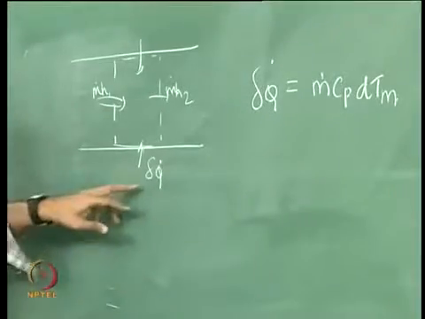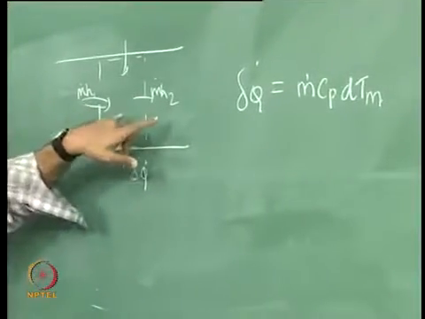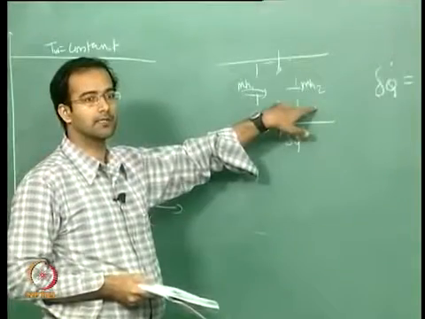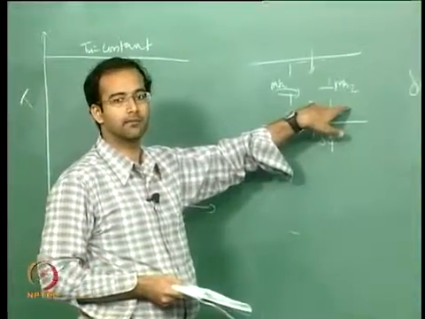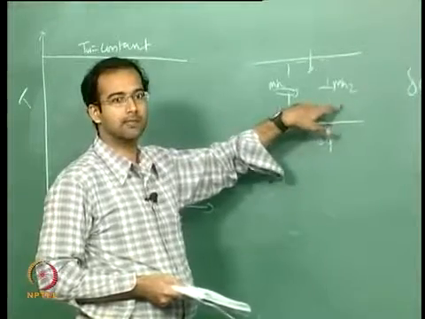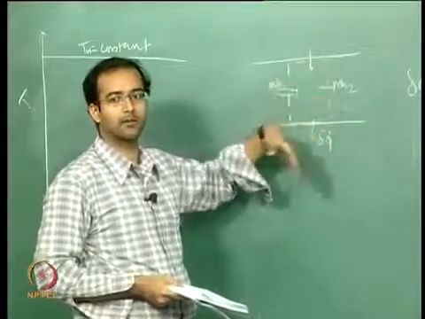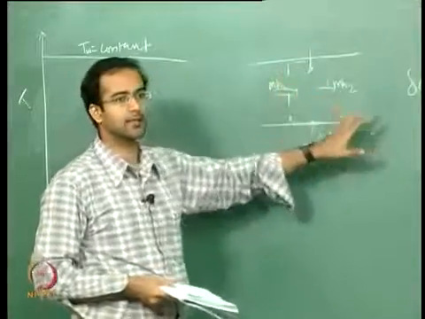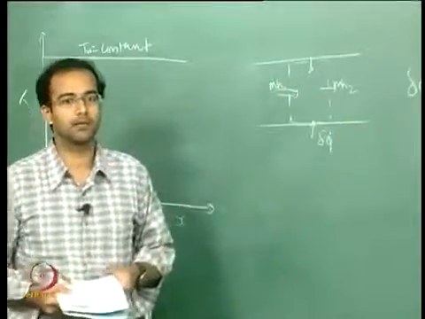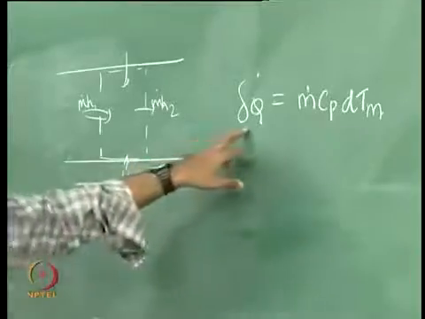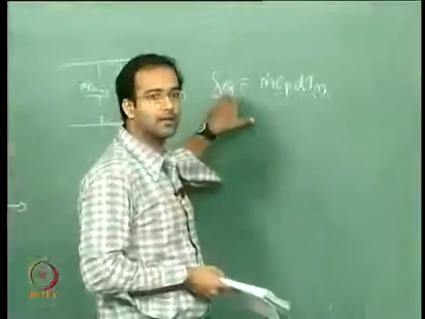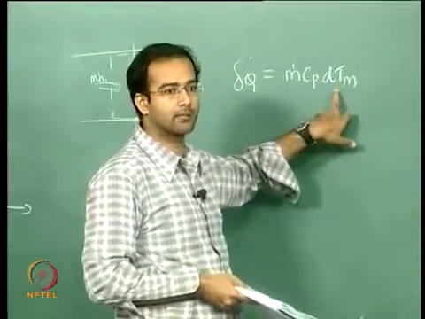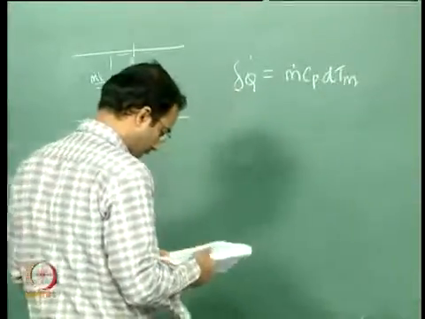So that is del Q is equal to m dot into dH, and dH corresponds to Cp into dTm, because this enthalpy is the mean or bulk mean enthalpy that I am talking about. So for the given heat transfer this is the corresponding change in the enthalpy of the fluid, and I can relate my differential amount of heat input to the change in the mean temperature corresponding to the change in the enthalpy. So this is the starting point of the energy balance.